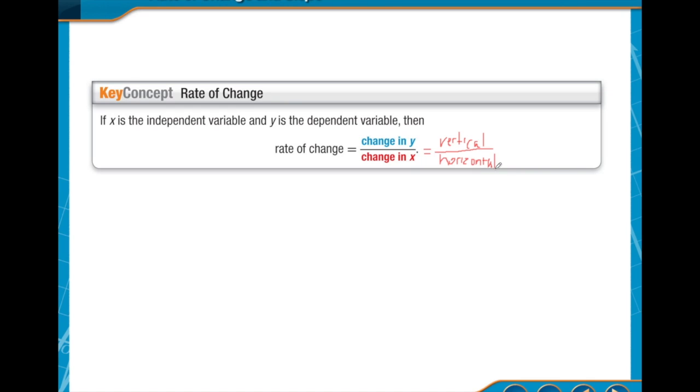So vertical, what does that mean? Let's draw a little arrow here. Vertical, that means up and down. So how does the graph change up and down? Is a numerator, and then denominator on the bottom, how does it change going left to right? So somehow get this concept in your mind as we jump into some problems here.